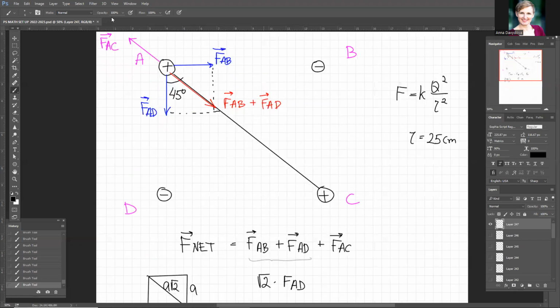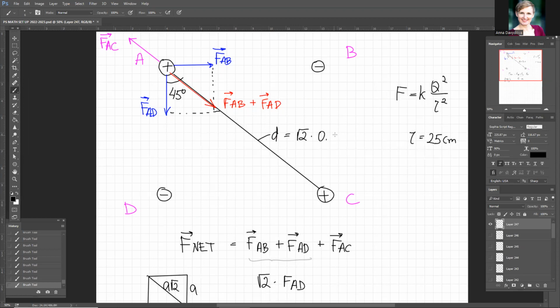As to AC, we need to calculate it separately because the distance between A and C is not the same as AB or AD. This distance is the diagonal of the square, and we can apply the same concept: this diagonal is also √2 times larger than 25.